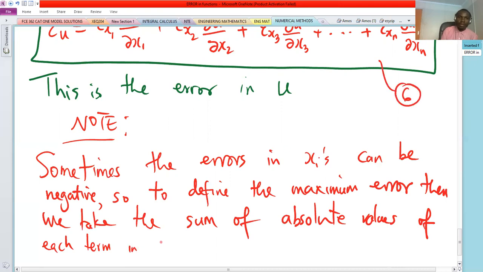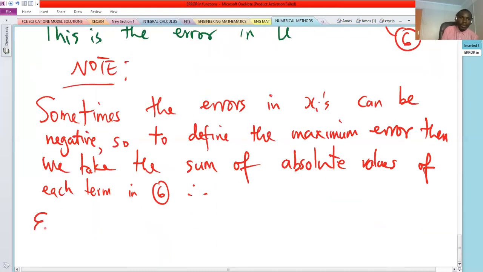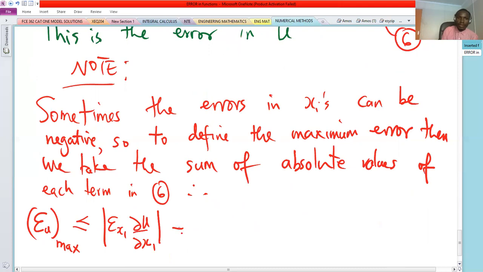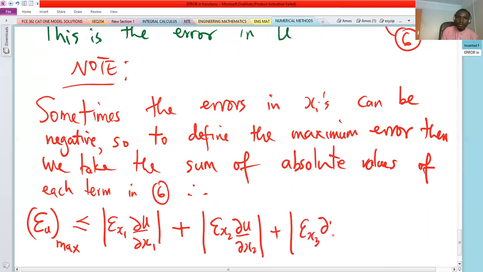Each term in 6, therefore, we say error in u maximum is less than or equal to the magnitude of error in x1 partial u partial x1 plus magnitude of error in x2 partial u partial x2 plus magnitude of error in x3 partial u partial x3 plus up to error in xn partial u partial xn.